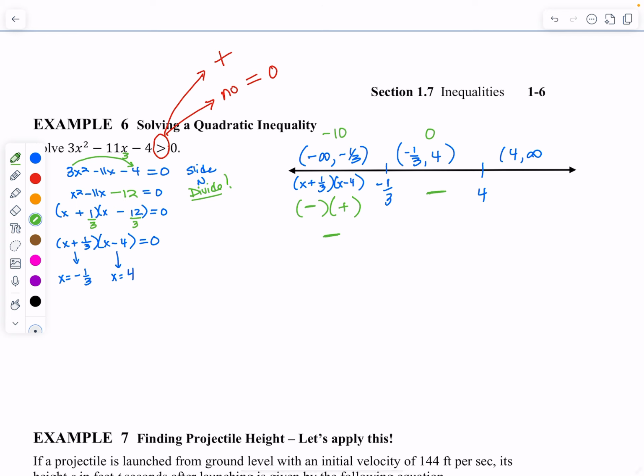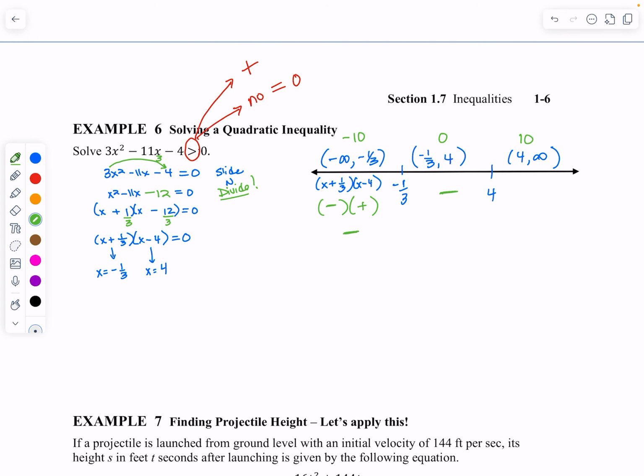All right. And then finally, I'm going to plug in a positive number, something in between 4 and infinity. So that's going to give me a 10. So let me plug in a 10. And once again, when you plug that in, you don't want to actually literally plug it in.